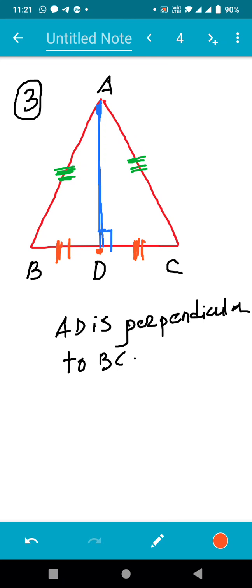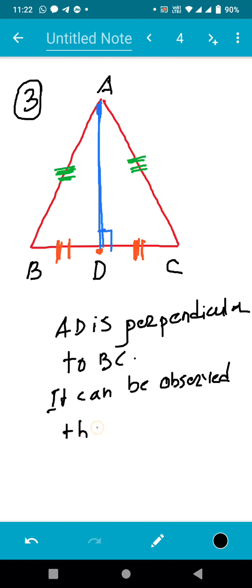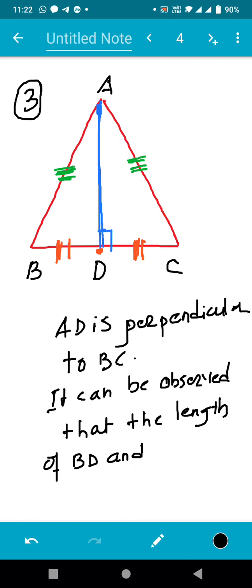So now what we have to write? So we can write it as, it can be observed that the length of BD and DC is also same.